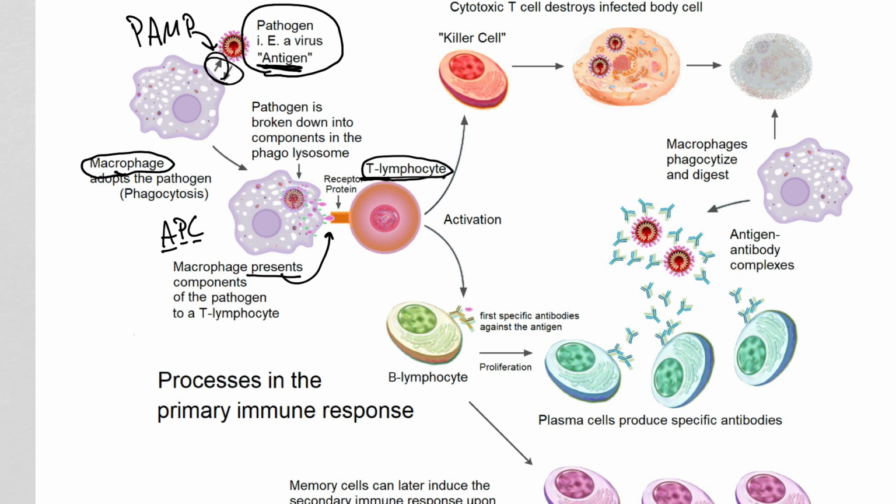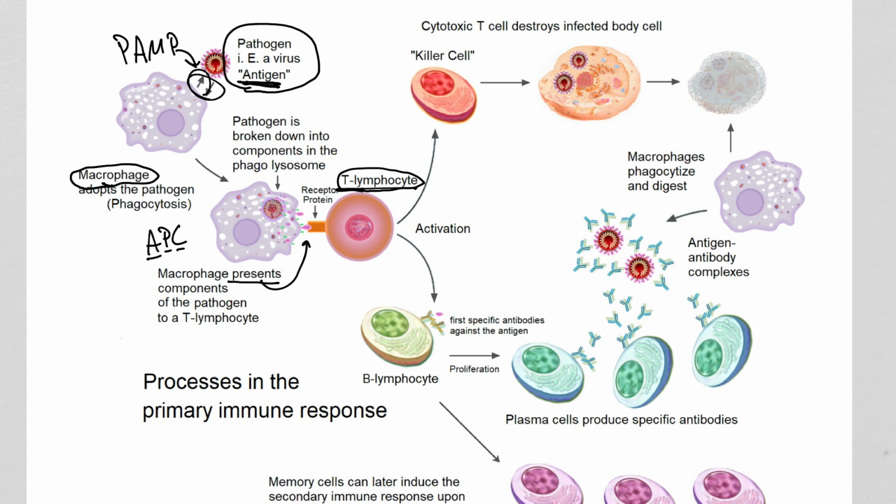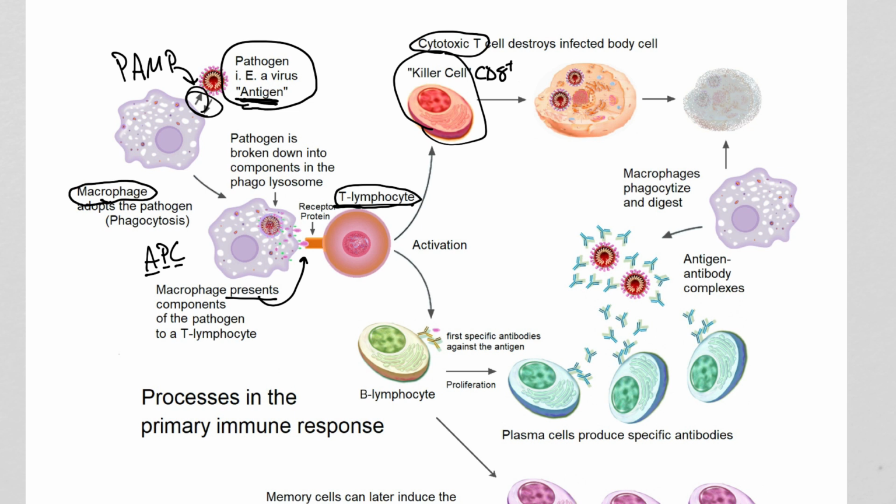Okay, now depending on the details, that T cell might be a killer T cell, which is the same thing as saying a cytotoxic T cell or a CD8 positive T cell, right? What these things do is they look for antigens that are inside of human cells. So when we say infected body cells, that really means cells that are either infected with a virus, or it can also mean cancer cells.